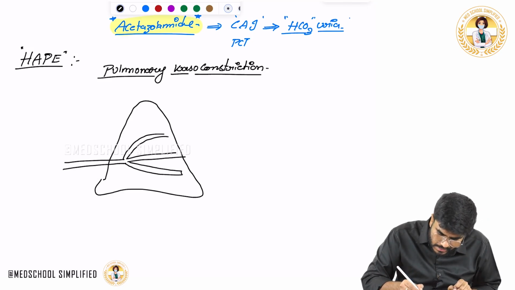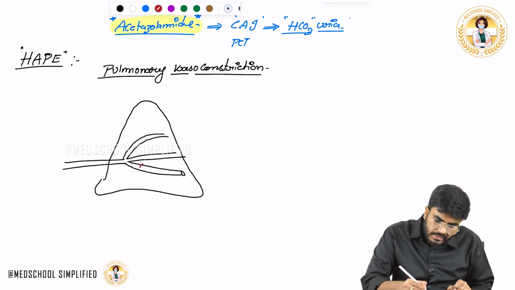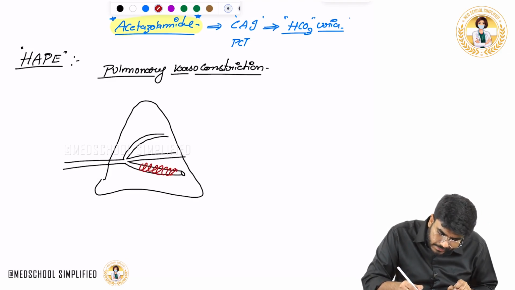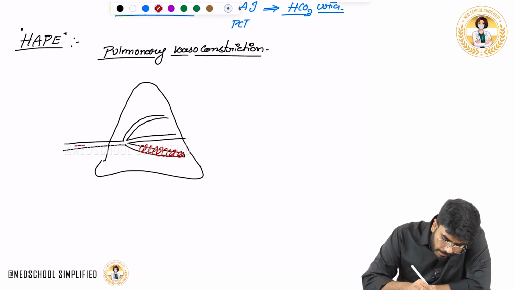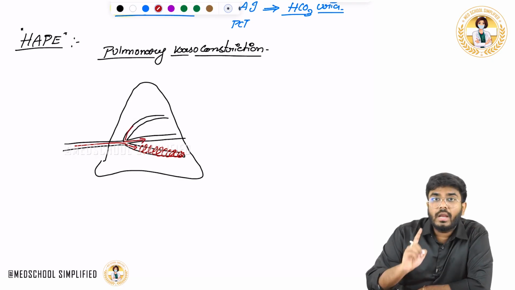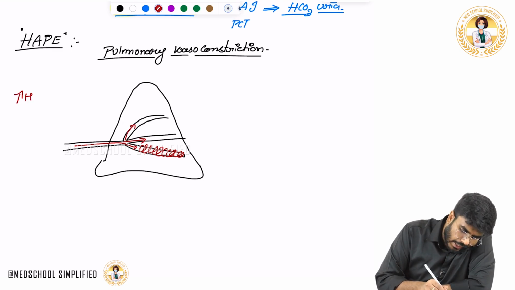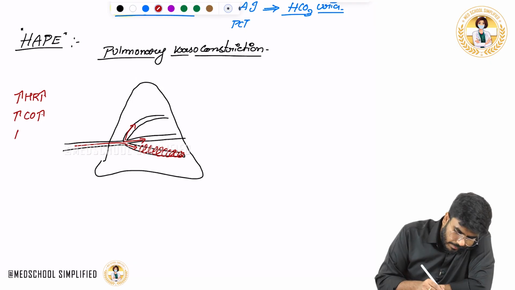Now, certain blood vessels are going to be constricted. When certain blood vessels are constricted, look, the blood which was supposed to go in this direction is now going into the other blood vessels. Already in these patients the heart rate is more, cardiac output is more, BP is more, all these are high.